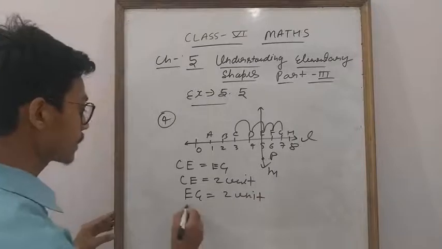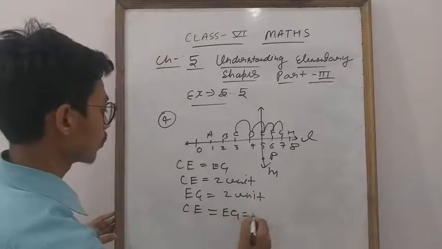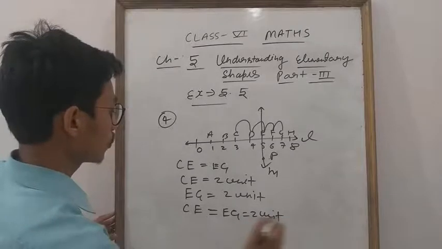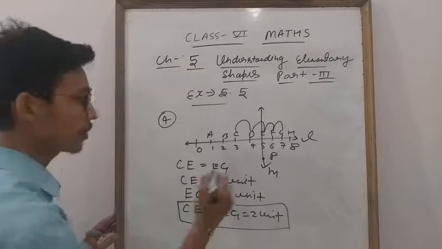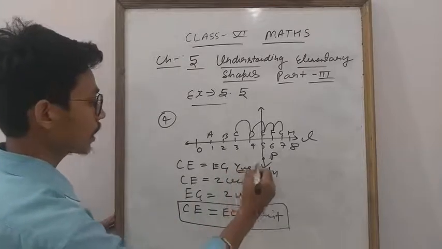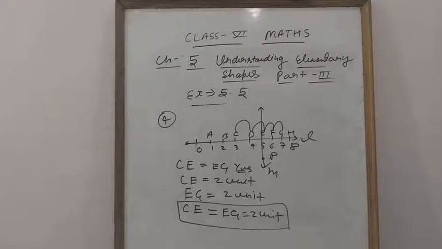You can say that CE equals EG equals 2 units. So the statement given is that CE equals EG. Is CE equal to EG? You will write down yes. On the basis of this diagram, you can also check, students, that in both cases the distance is the same. So you can say yes, they are equal.